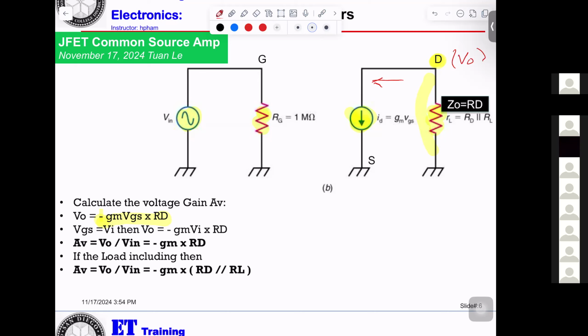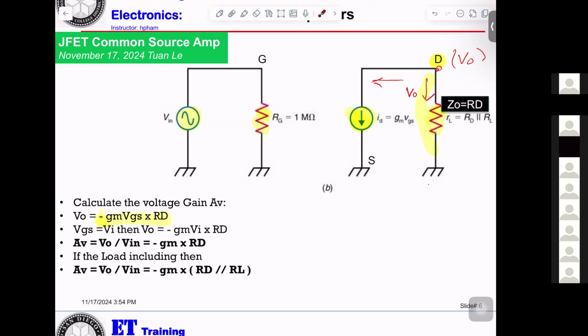If I give you a meter and I want to measure V out, that means one side you connect to the drain and the other side you connect to the root. You go this way, right? They are opposite to the current Gm times VGS. So that's why you get the minus sign right here.